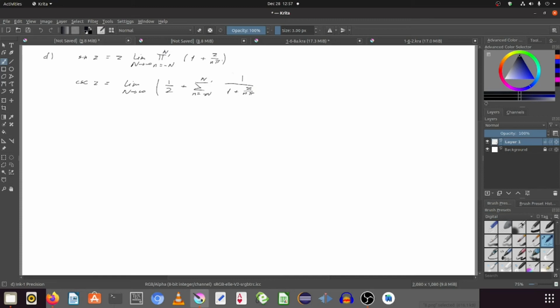And up here we have to take 1 divided by this one, derive the derivative of this one. Actually I don't like to erase, so let's just write it like this. 1 divided by n pi, and we multiply it down here.